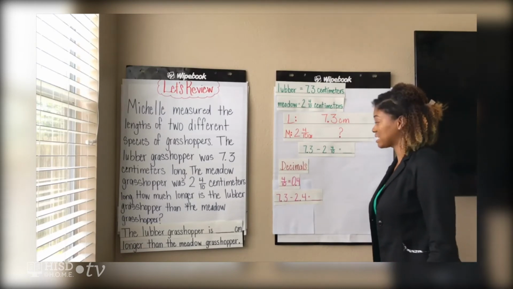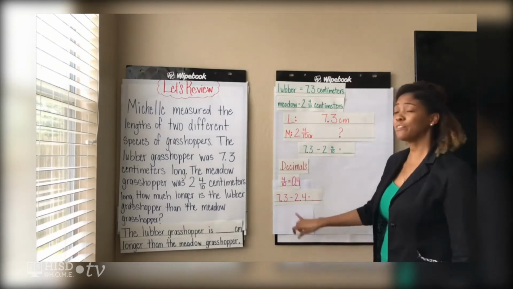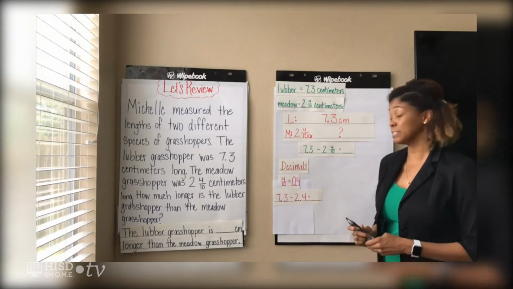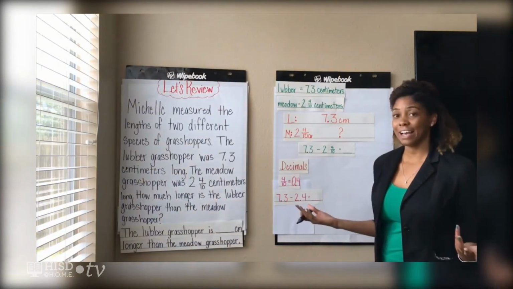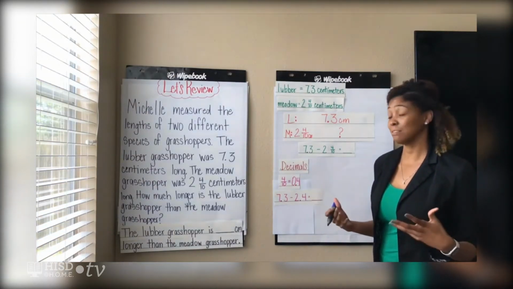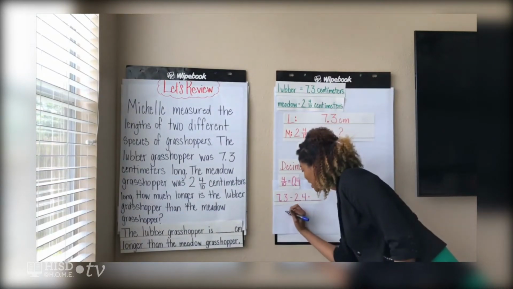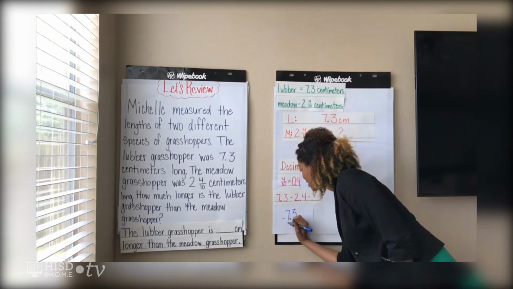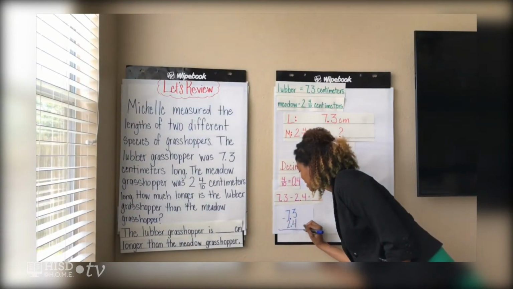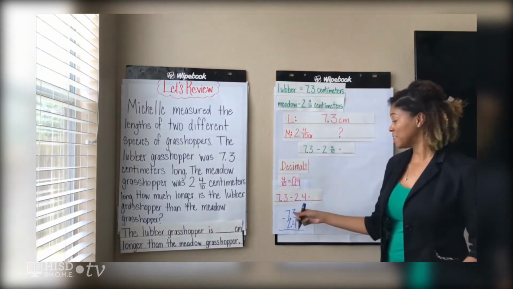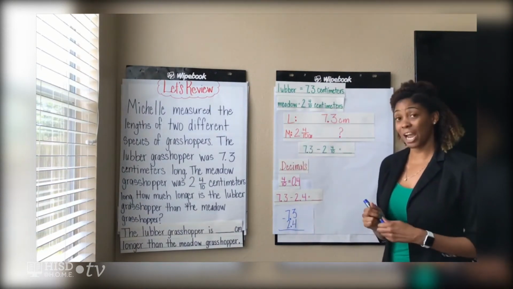So now I'm ready to solve. In order for me to solve a subtraction problem with decimals, I have to make sure I line up my place values. So I have 7 3/10 subtract 2 4/10. And from there, I just start using my subtraction.